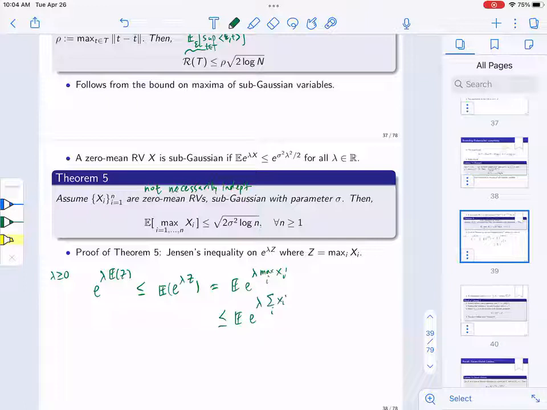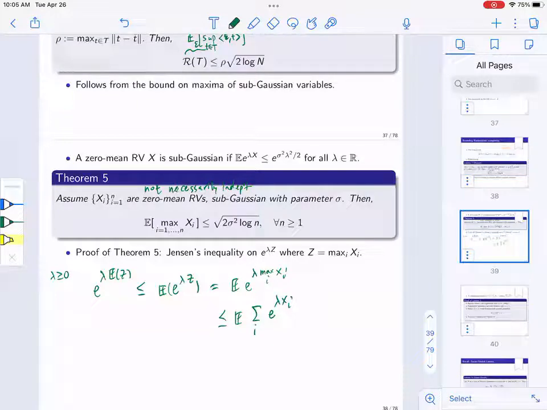That's sort of a bad bound, but it works. Actually, I'm going to do something like this instead. Would this work? Okay, this is better because they're non-negative.